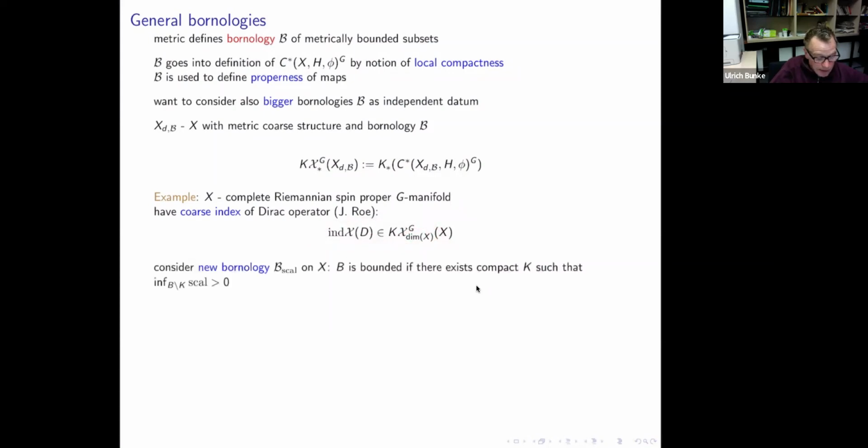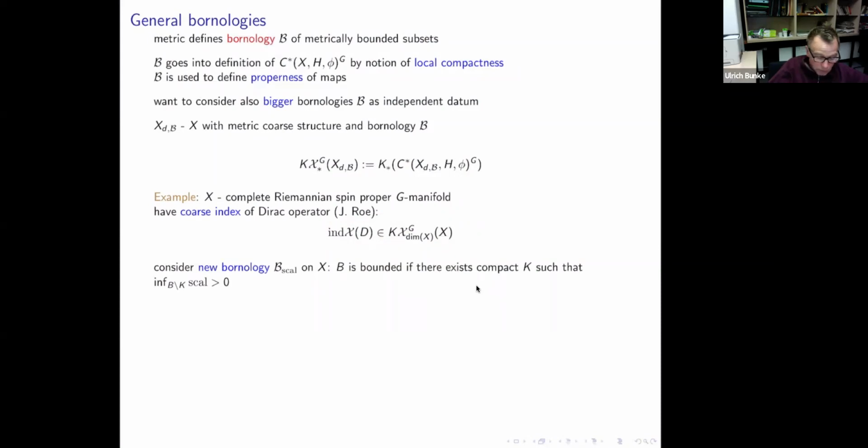Now on such a manifold, I can define a new bornology. Namely, I call a subset bounded if, say, the scalar curvature on this subset is uniformly positive, maybe except on a compact subset.